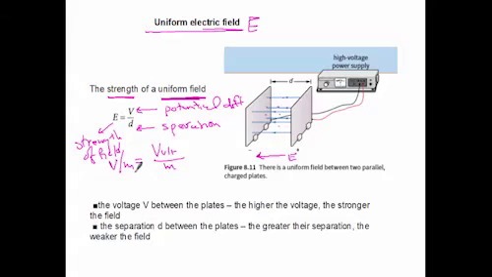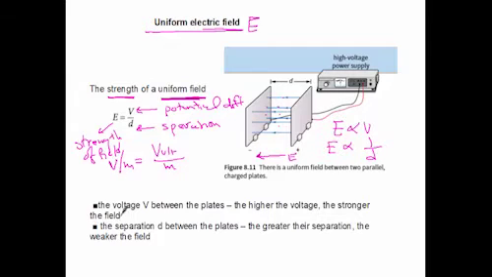As you see from this formula, the field strength E is directly proportional to the voltage, and it is inversely proportional to d.